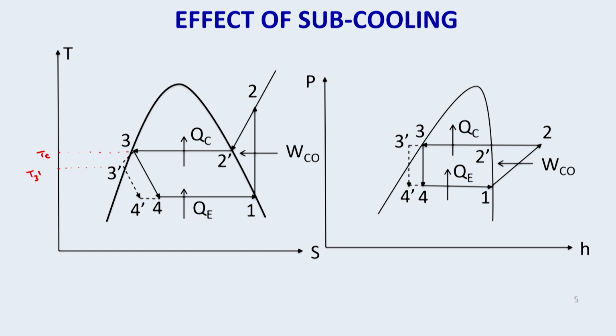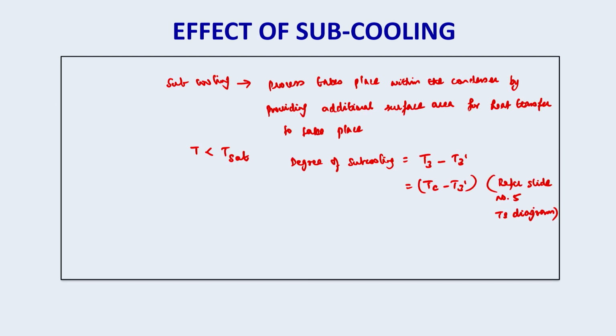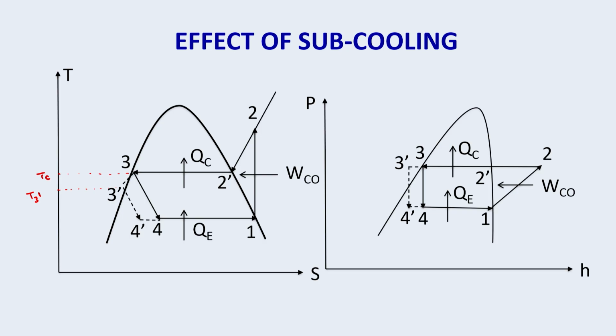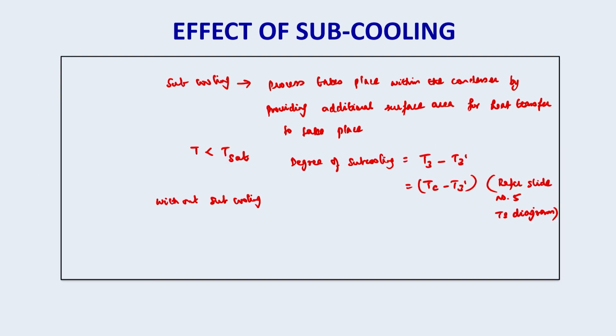So here, without subcooling, the cycle is 1 to 2, 2 to 3, 3 to 4.